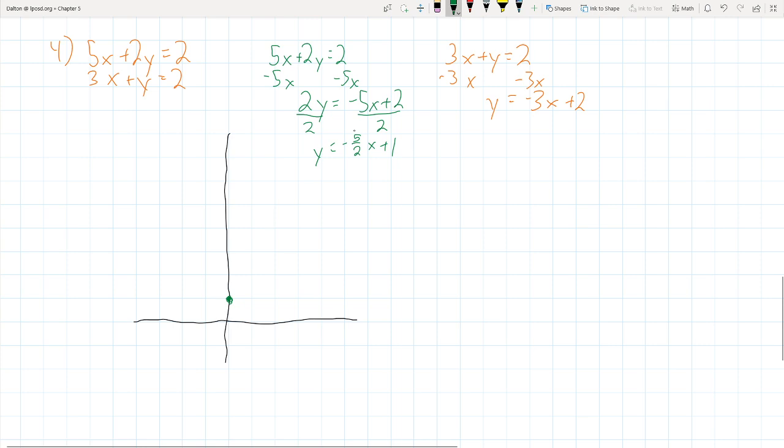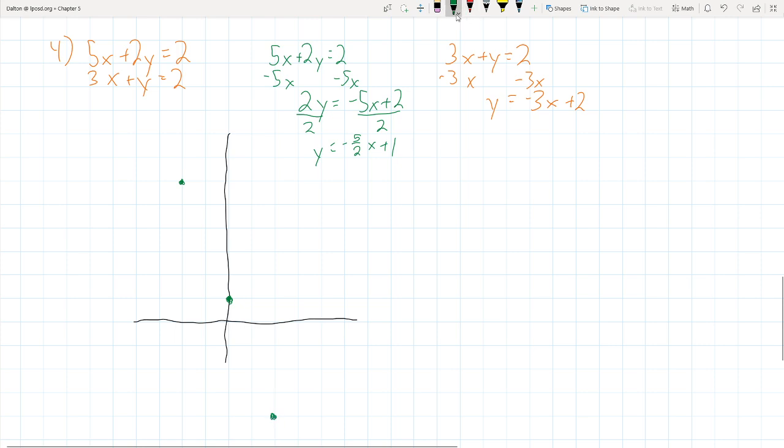And then this is a rise of 5 and a run of 2. You can go the negative in whichever way you want to go. So I'm going to go up 5, 1, 2, 3, 4, 5, and then left 2, 1, 2. And then 1, 2, 3, 4, 5, 1, 2.